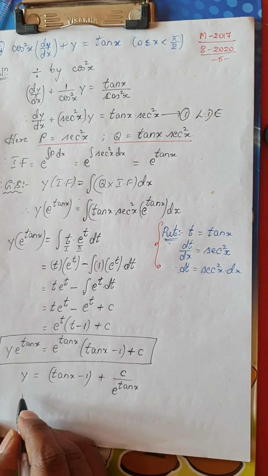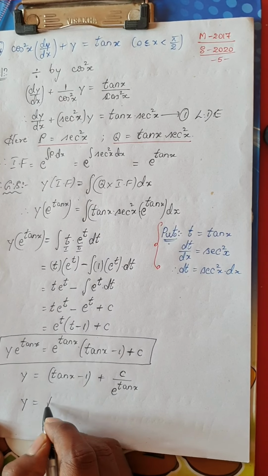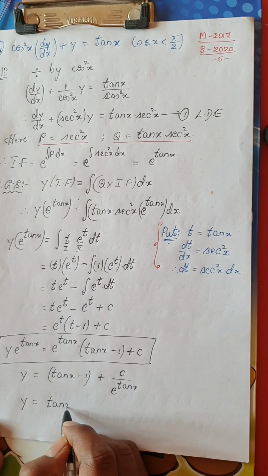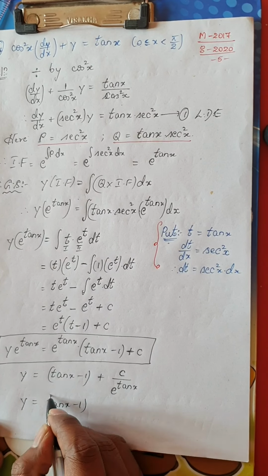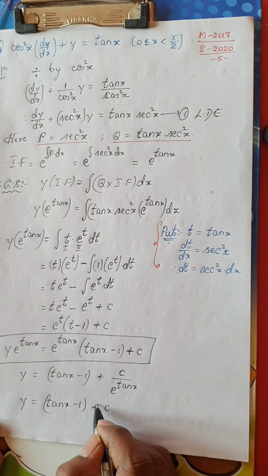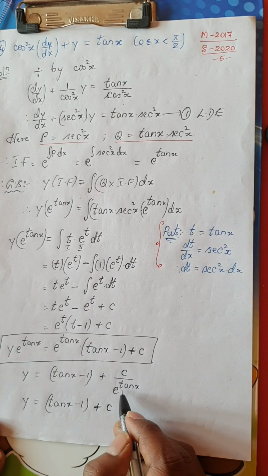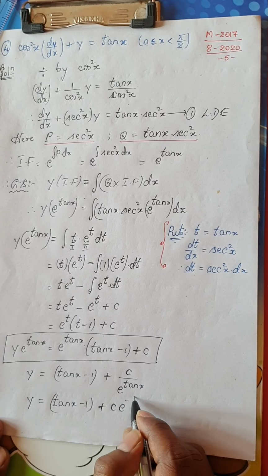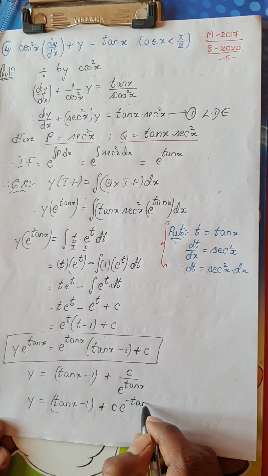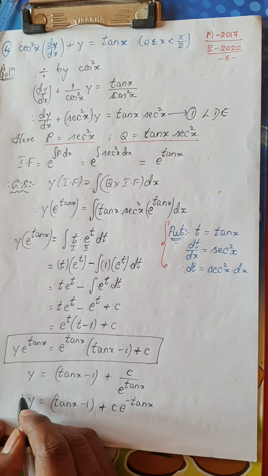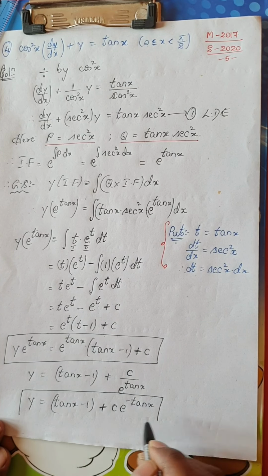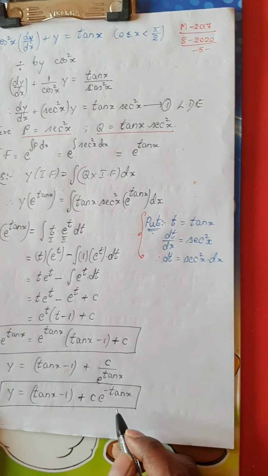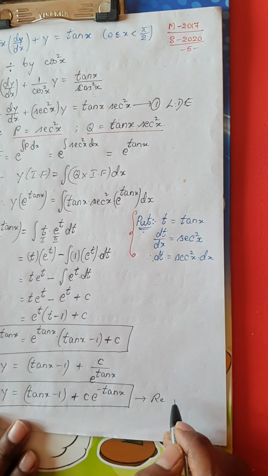Writing it in the most simplified form, y is nothing but tan x minus 1 plus c into, remember, when you bring this power to the numerator it becomes a negative power. So this becomes c into e power minus tan x. And I'm going to say this is the required equation.